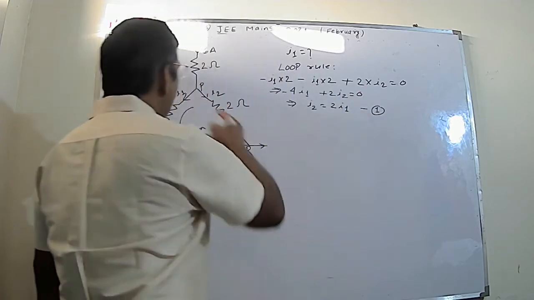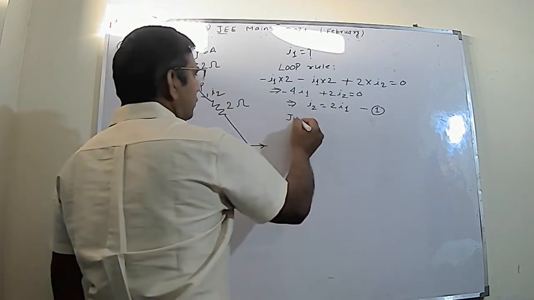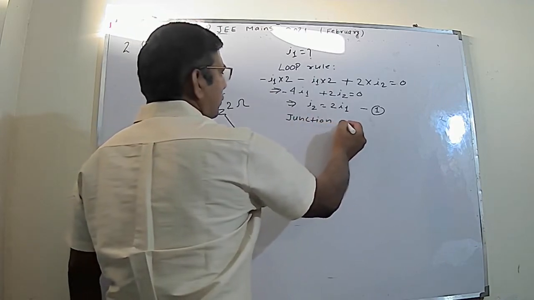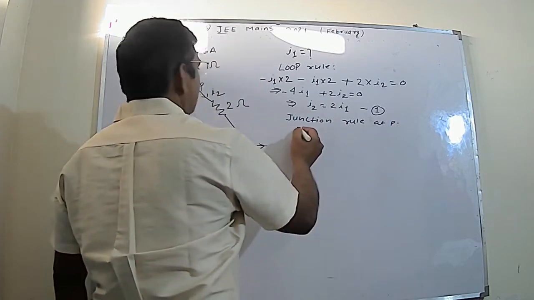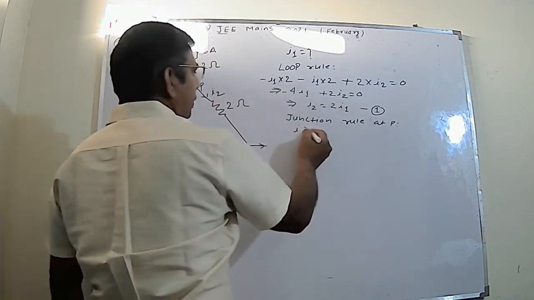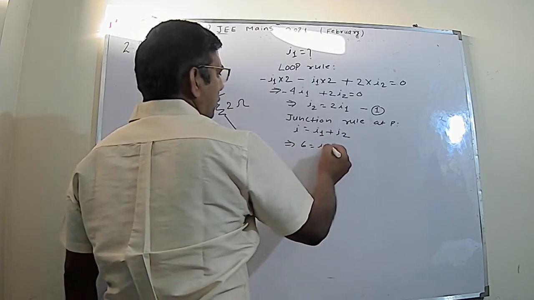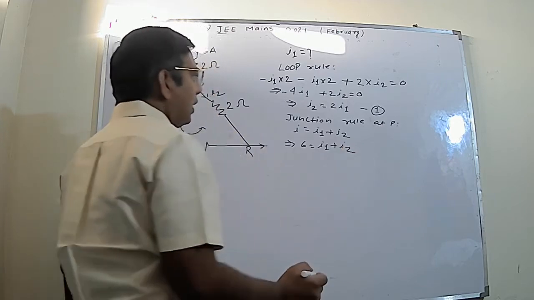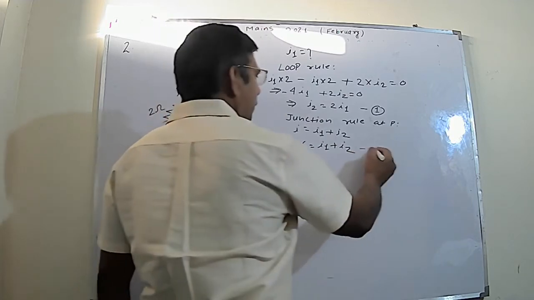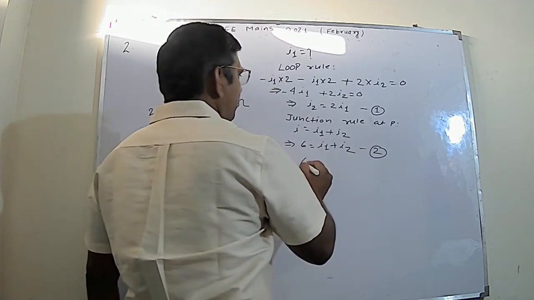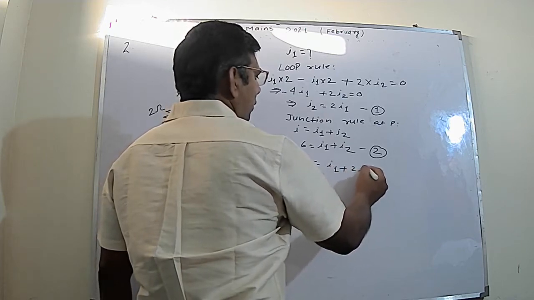And from the junction rule, at this point, I, that is 6 ampere, is equal to I1 plus I2, right? So if we put this here, 6 is equal to I1 plus 2I1.